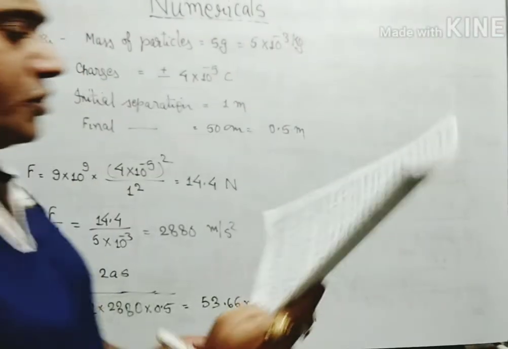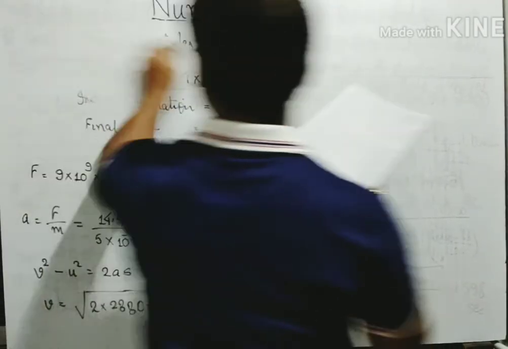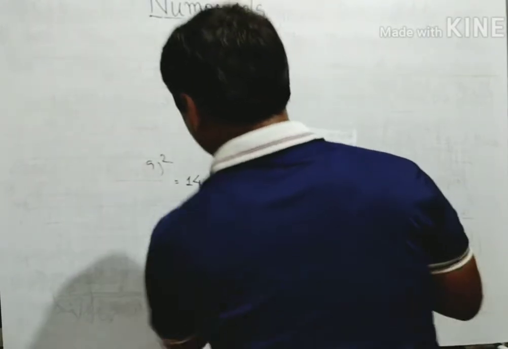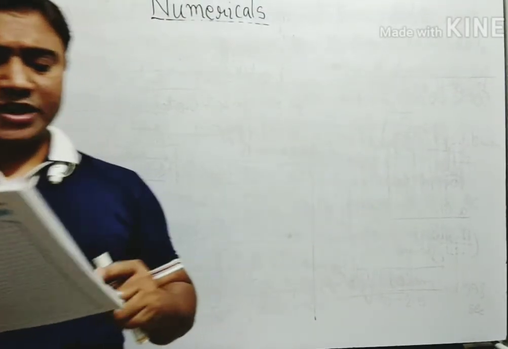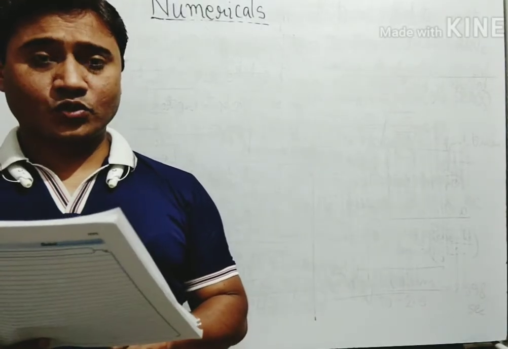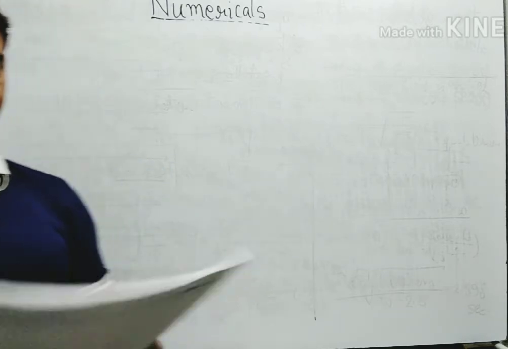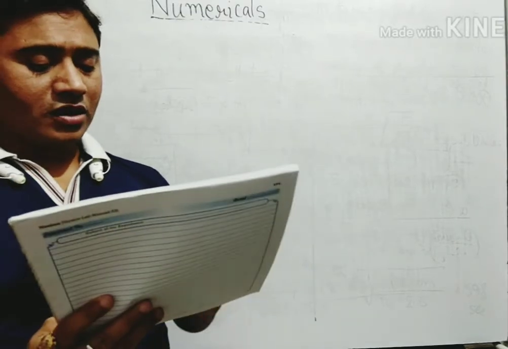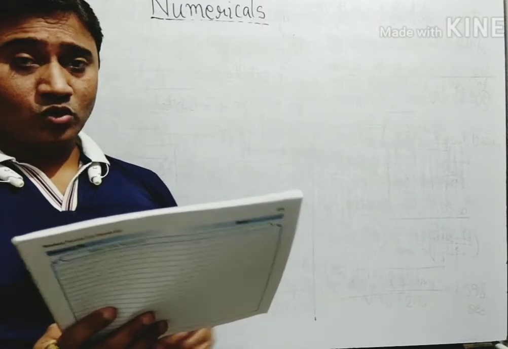Now let's have the third question. Before that, let me make some space so that we can write here. So the third question we'll be taking now is: two particles carrying charges minus q and plus q and having equal masses m each are fixed at the ends of a light rod of length a to form a dipole.